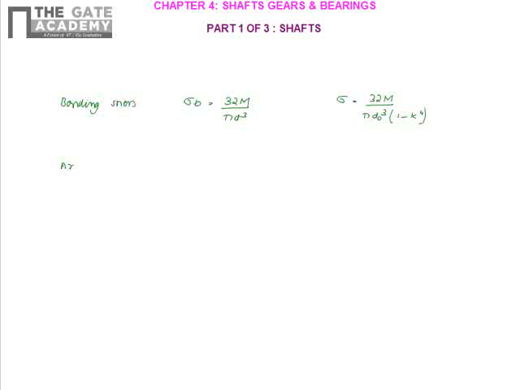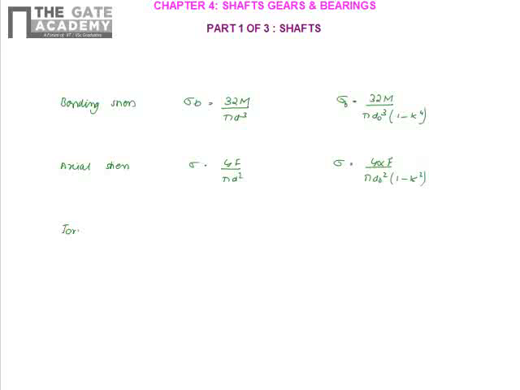Then we have the axial stress in the shaft given as 4 F by pi d square for a solid shaft, and for the hollow shaft it is given by 4 alpha F by pi do square into 1 minus k square, where alpha is the column action factor, which is taken as 1 for tensile loading, and it is applicable only for compressive loading, just because during compression of the shaft there is a possibility of buckling to take place. When the slenderness ratio is high, there is a chance of buckling taking place.